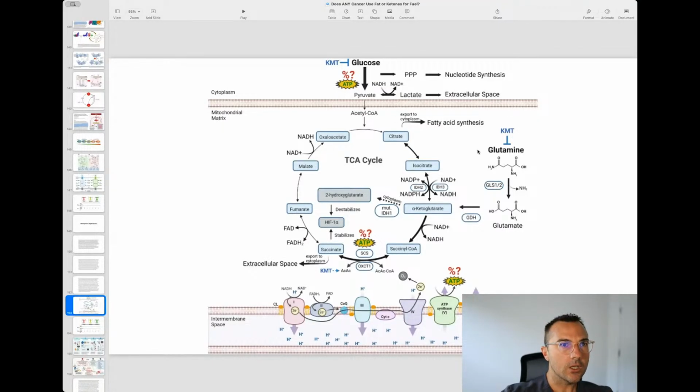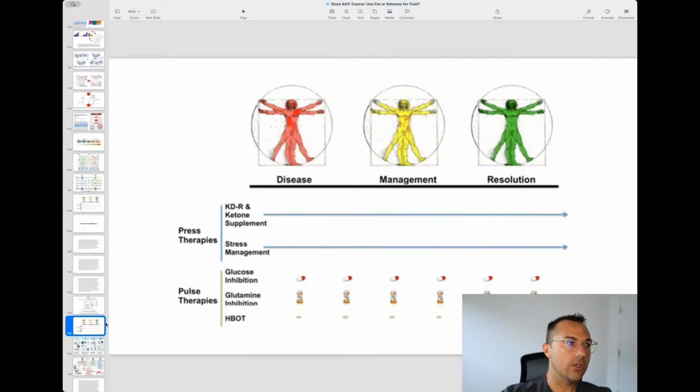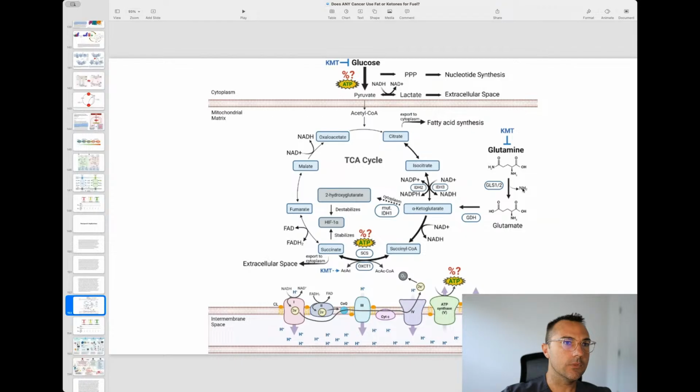And then we see ketogenic metabolic therapy over here as well, because it is taking care of glutamine as well through the inhibitors of glutamine, right? We have multiple targets here. We have the glutamine transporters, we have glutaminases, we have glutamate dehydrogenase, even have some of these enzymes in here.